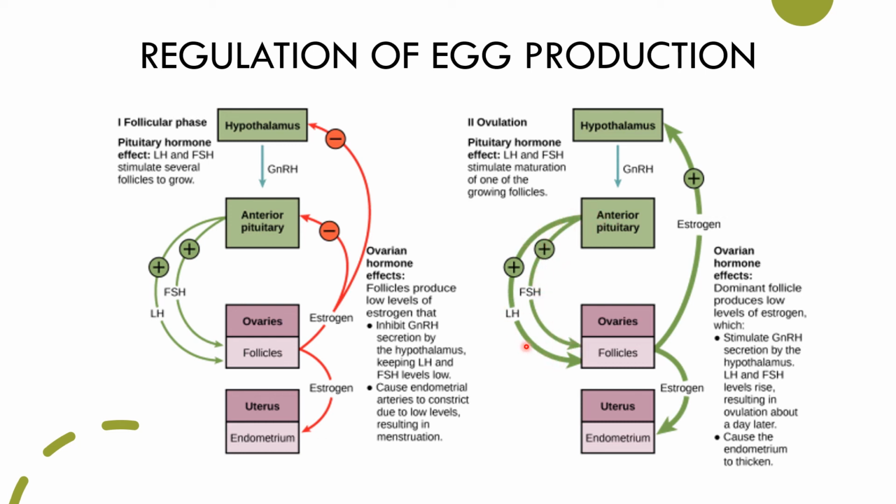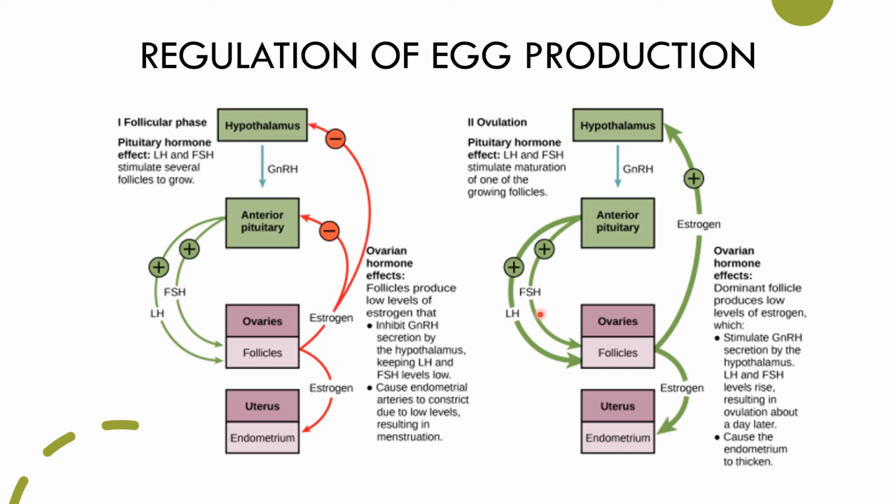It will release FSH and LH, affects the ovaries and follicles. With the estrogen being released by the ovaries, it will affect your uterus, especially the endometrium, and the estrogen also affects your hypothalamus. As you see here, the ovulation process looks like a positive feedback loop compared to this one that has a positive and a negative loop. So it really just promotes ovulation.